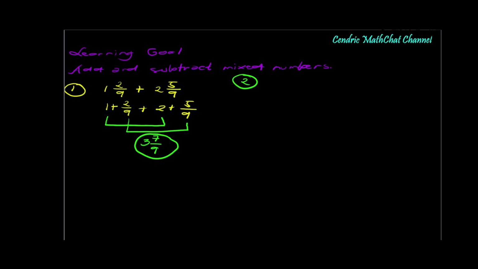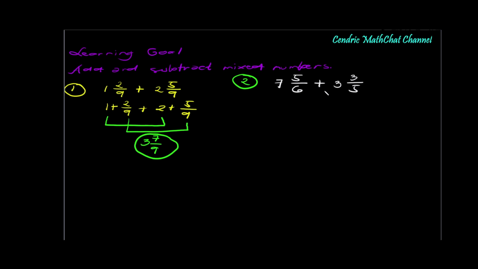Example number 2. We have 7 and 5 sixths plus 3 and 3 fifths.